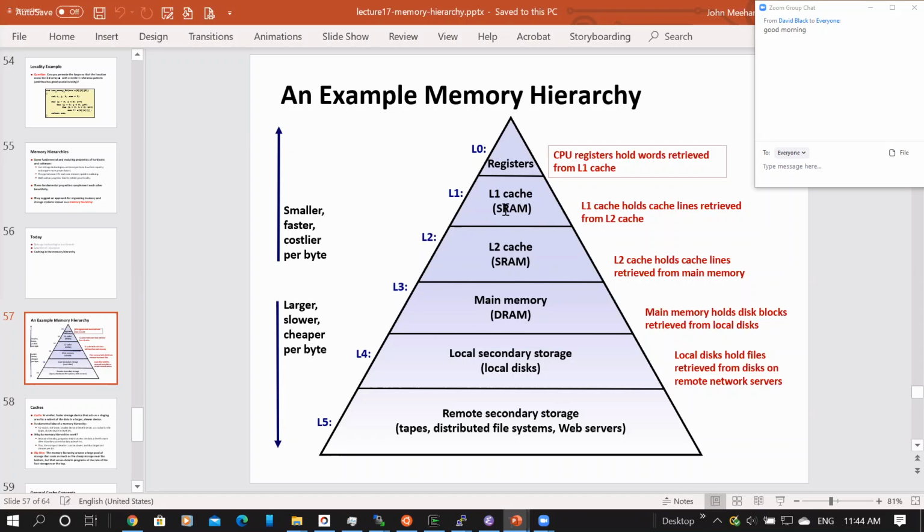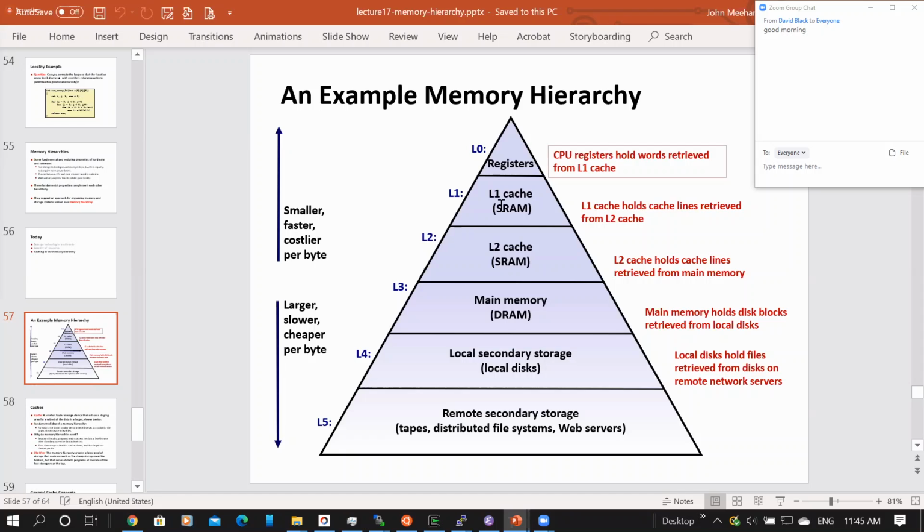So this is a sequence of hierarchies of bubbling things up toward the CPU into faster and faster memory caches with the hope that if my program exhibits temporal and spatial locality, that will make effective use of those caches.